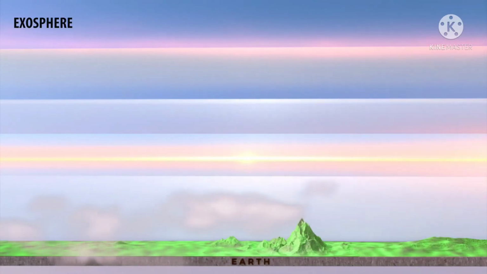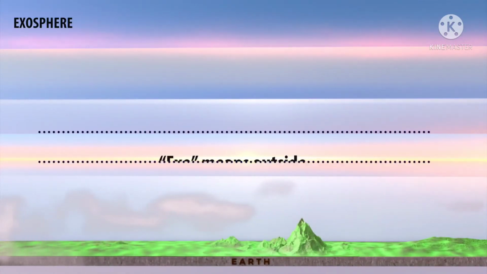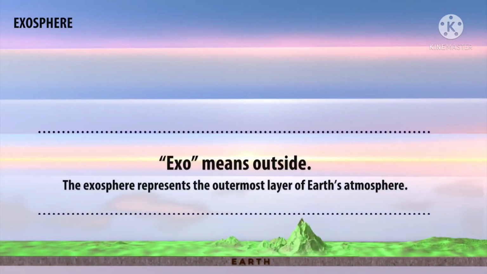Then move to the exosphere. It is the fifth layer. Exo means outside. The exosphere represents the outermost layer of the Earth's atmosphere.